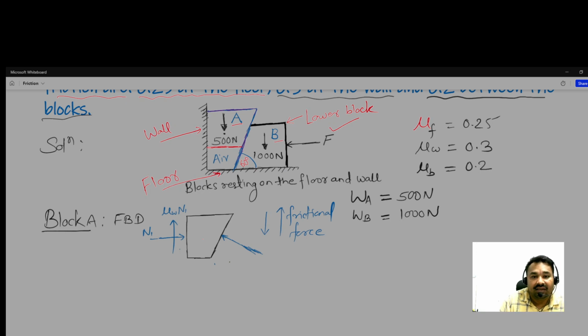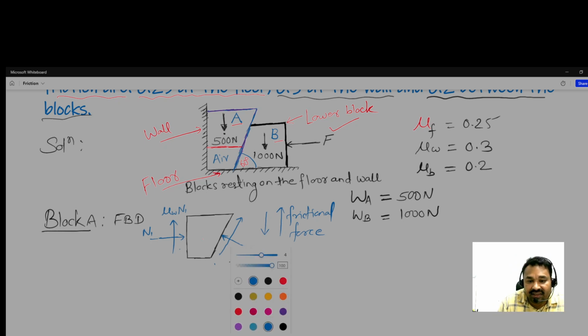And what will be the direction of the friction? The direction will be like that, because it will try to oppose the downward movement of the upper block, block A.